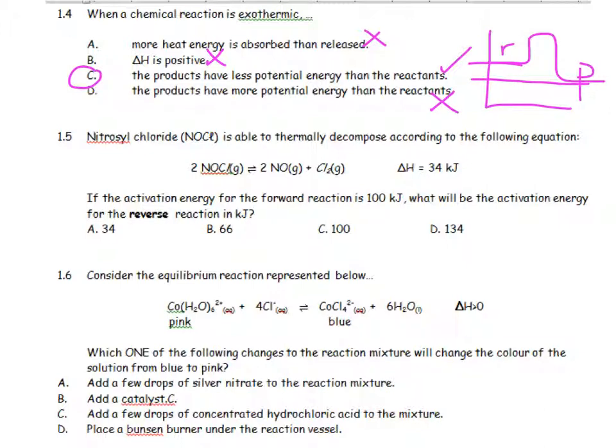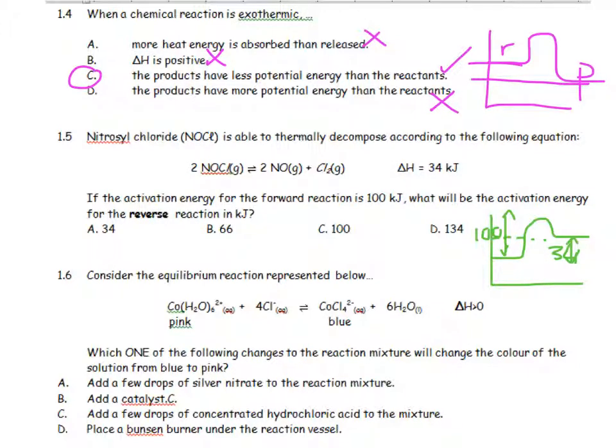Nitryl chloride is able to thermally decompose according to the following equation. If the activation energy for the forward reaction is 100 kilojoules, let's draw ourselves a little diagram here as well. It's an endothermic reaction this time, and we have been told that this is 100, and we have been told that this is 34.